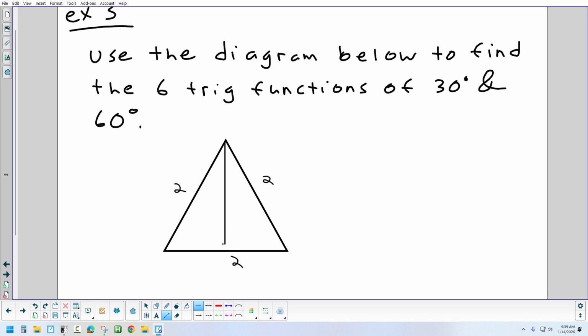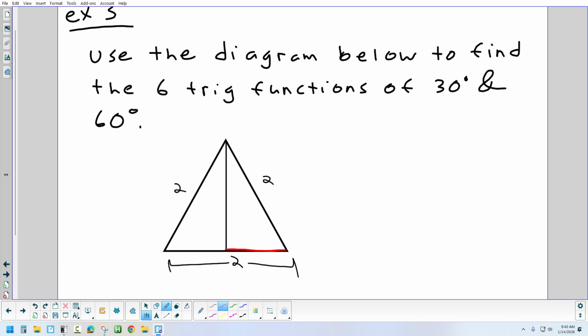In an equilateral triangle, and you can prove this, if you draw an angle bisector that is perpendicular to the base, it automatically bisects the bottom side. This is why I made the bottom side 2 from here to here. Because now, how long is it from there to there?